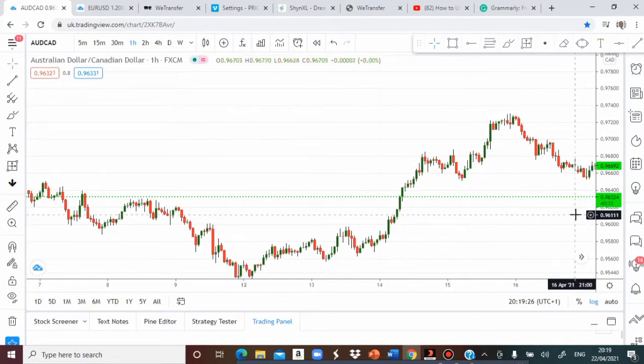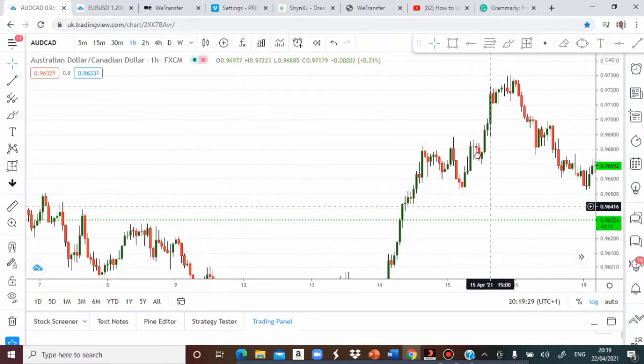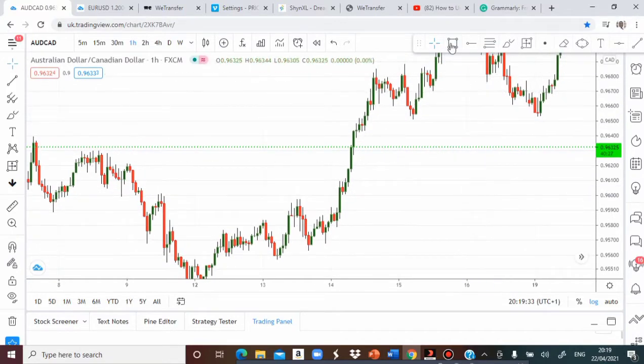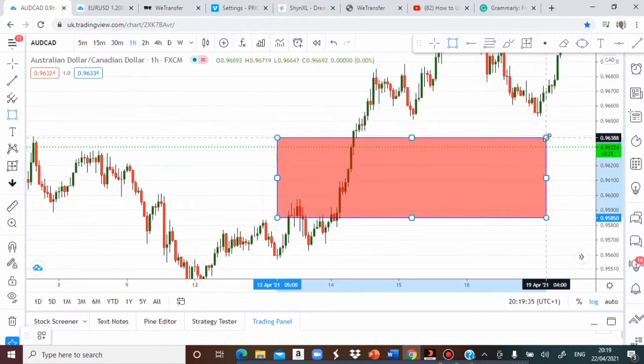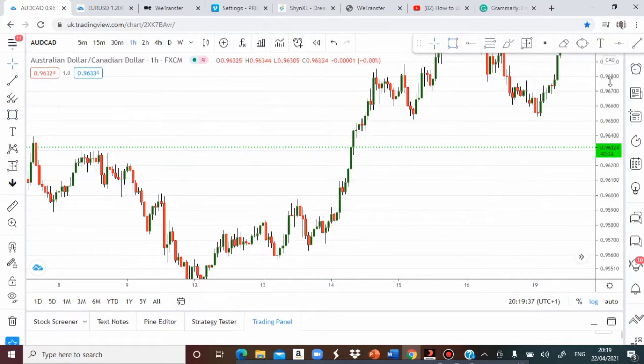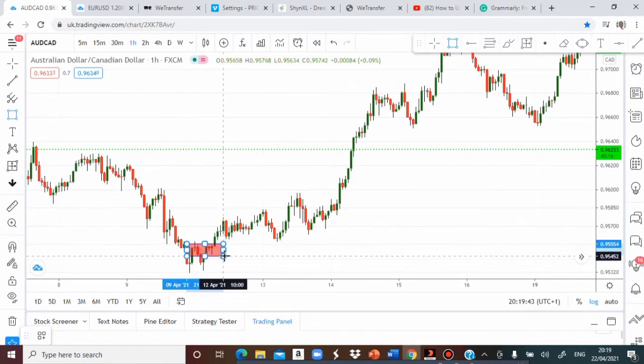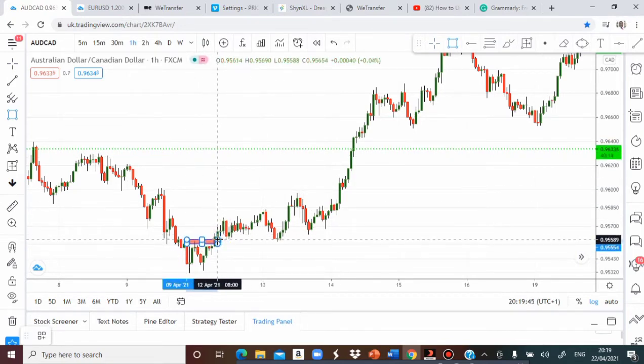So let's start with this place right now and see it with an uptrend, right? This is where you want to look at this first high. This is the first high.